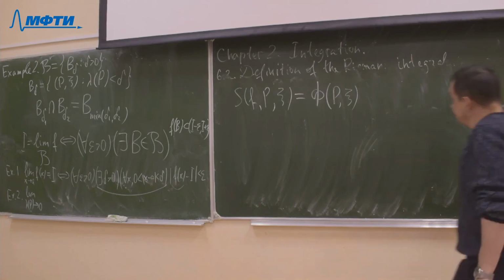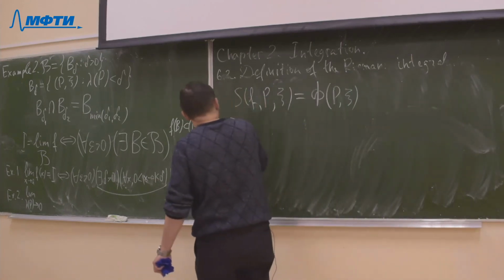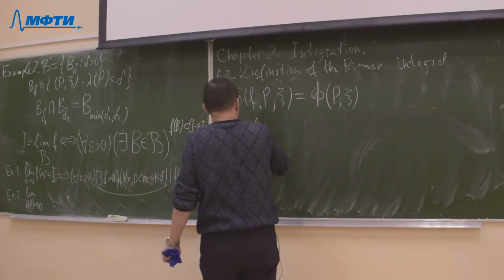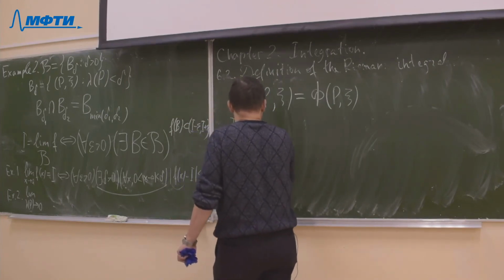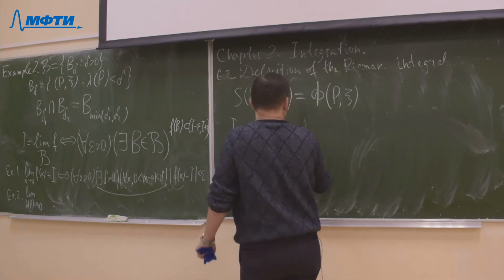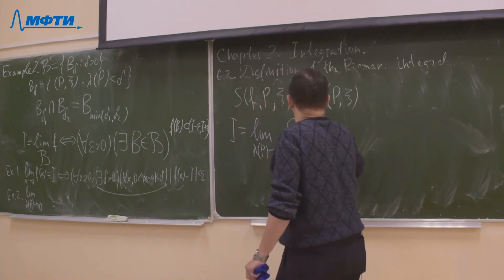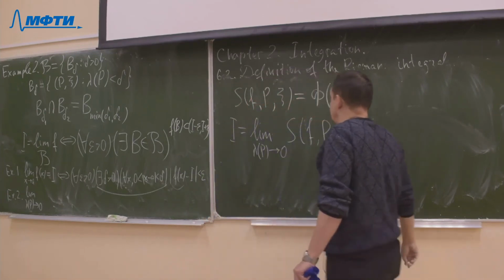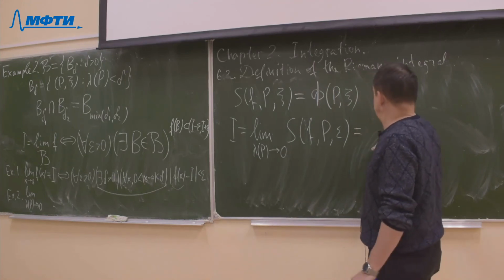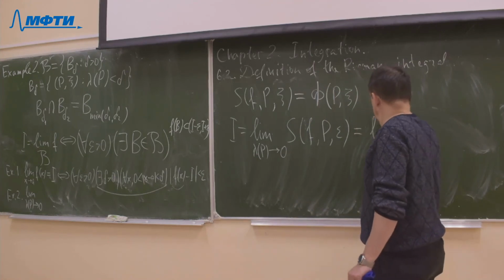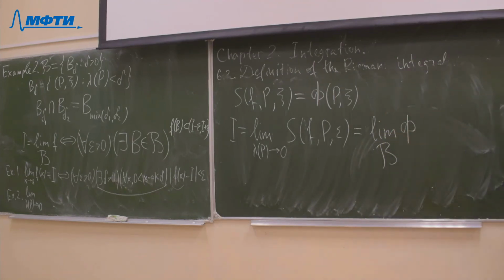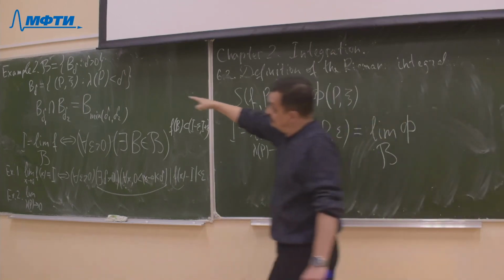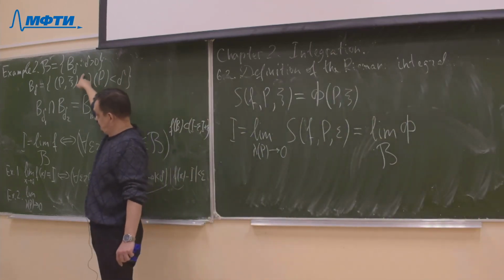And what was written as I equals the limit as lambda of P tends to 0 of f, P, epsilon is precisely the limit of a base of our function phi, where now base B is that one from example 2.